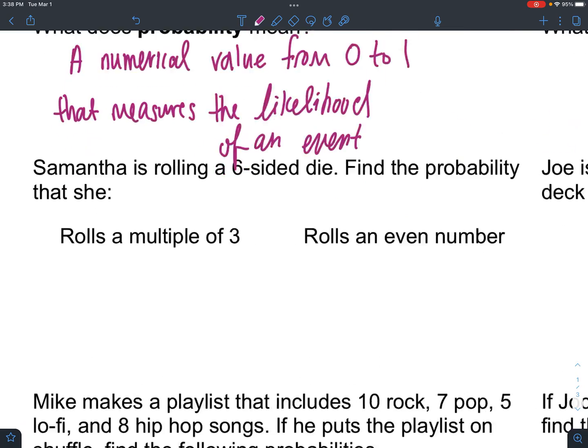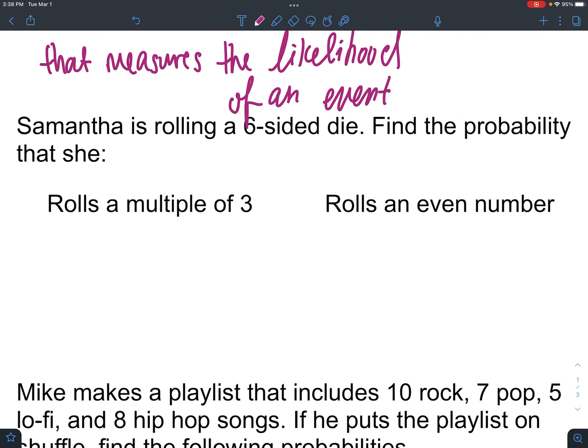and testing anything. So, for example, pretty simple example, if we have a 6-sided die, what's the probability you roll a multiple of 3? Well, theoretical probability means you basically write out all the outcomes and copy down how many of those outcomes are a success.